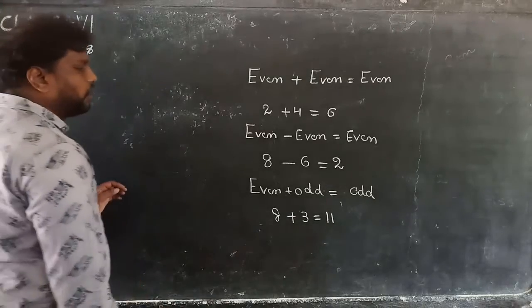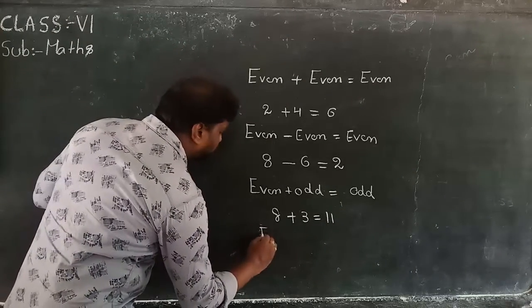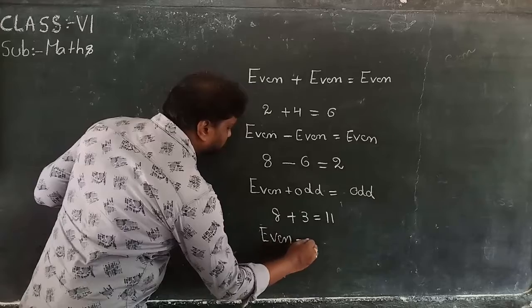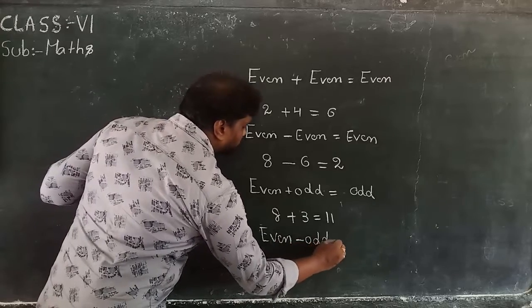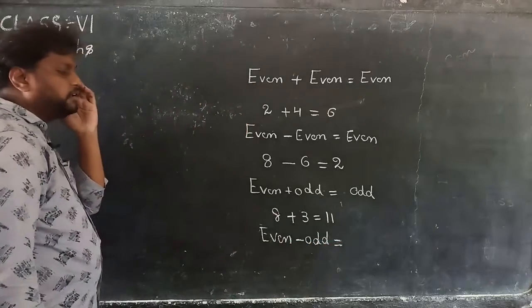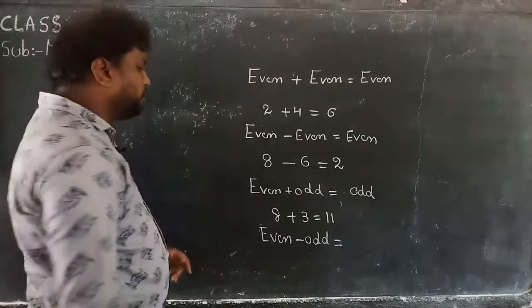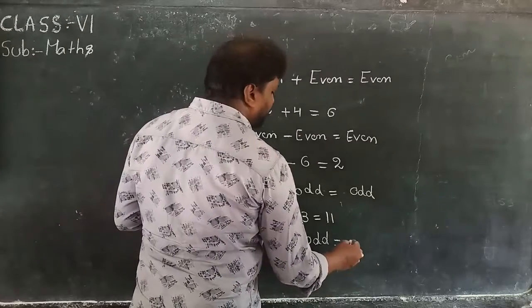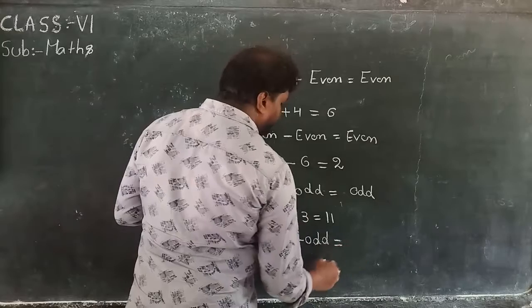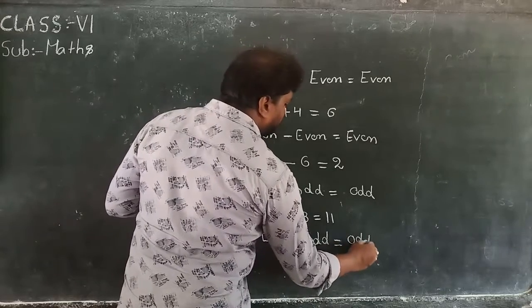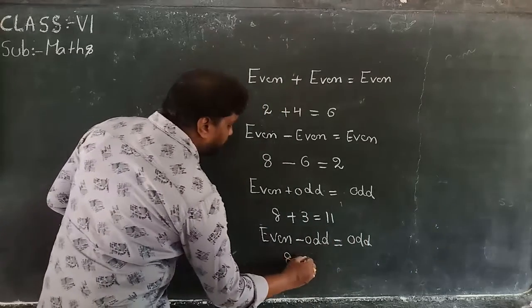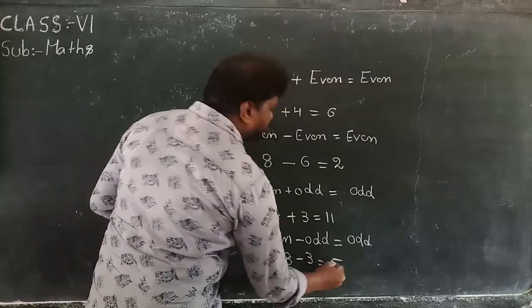The difference between an odd number and an even number is also odd. The difference between an even number and an odd number will also be odd. For example, 8 minus 3 is equal to 5.